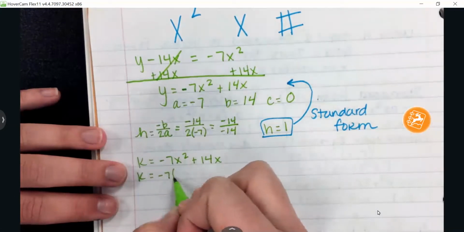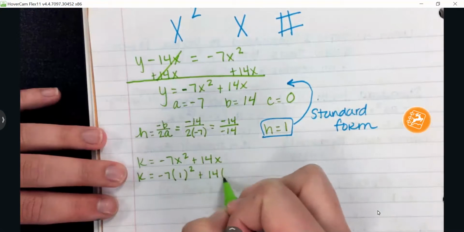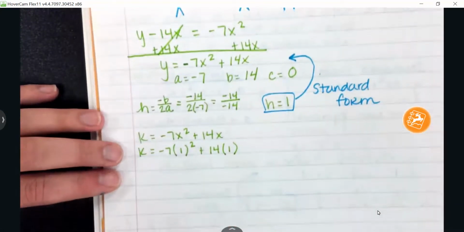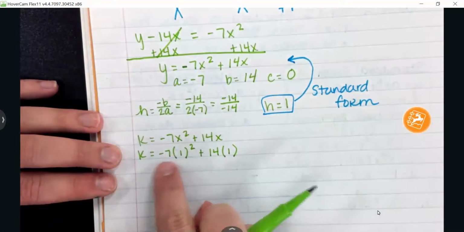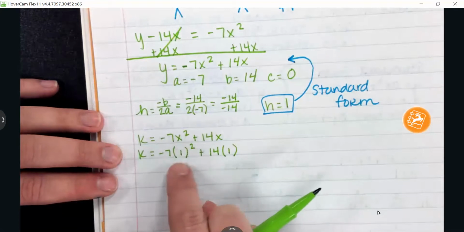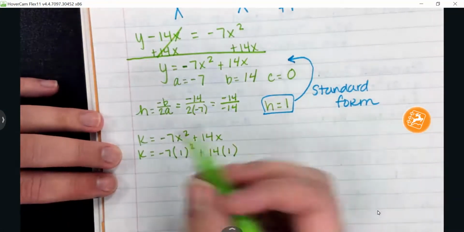Using parentheses. If you don't use parentheses, it makes your problem wrong. Do I multiply negative 7 and 1, or do I exponent first? Exponent. So what is 1 squared?